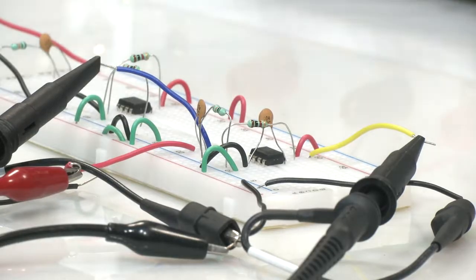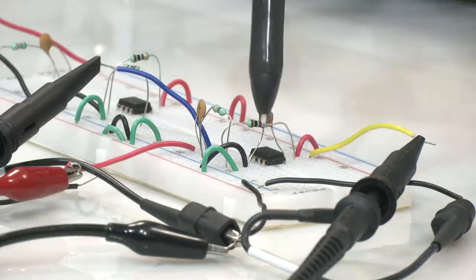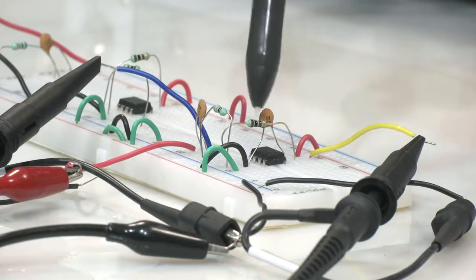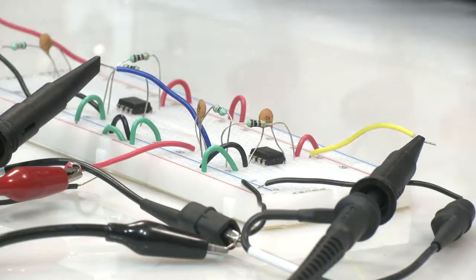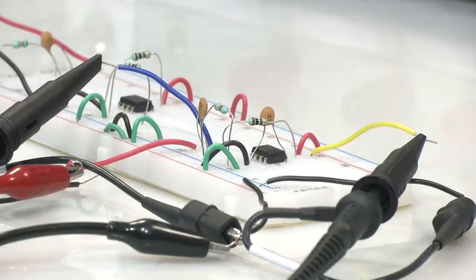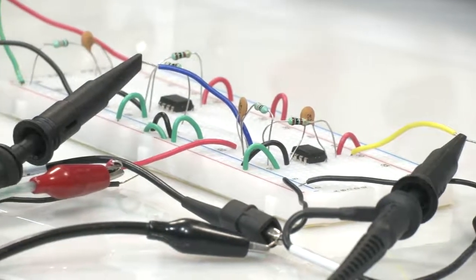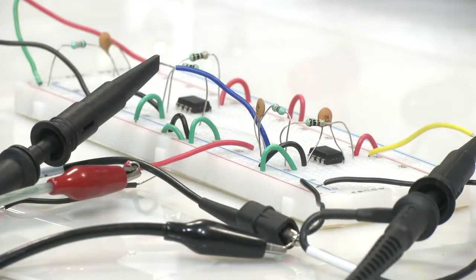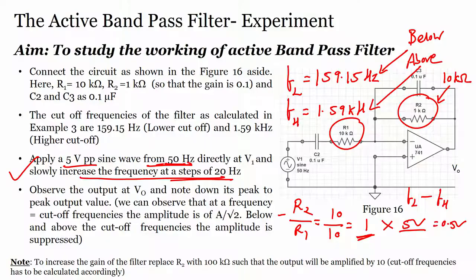But the point is, if you change the resistance here, you have to understand that the output will depend on the gain of the amplifier. So, what we have seen is an active band pass filter and a passive band pass filter as an experiment.